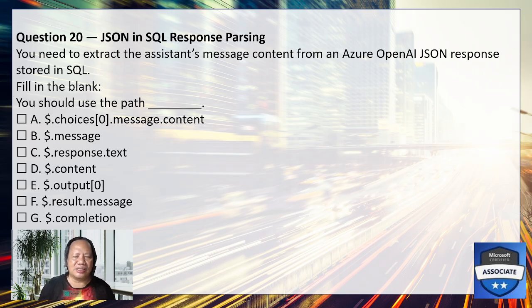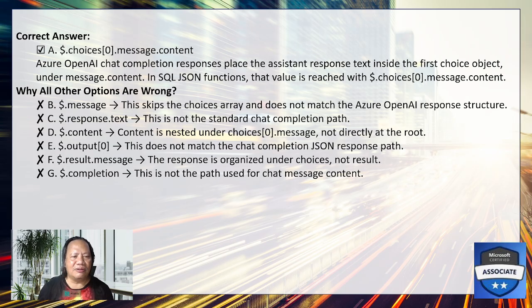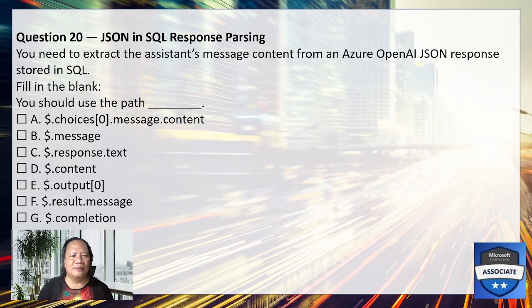But just keep studying, and you will get to it pretty soon. The answer for this is $.choices[0].message.content. All others are wrong. Result.message is wrong, because the response is organized under choices, not the result. Yeah, this one is difficult, probably not on the exam, but it is a difficult question.